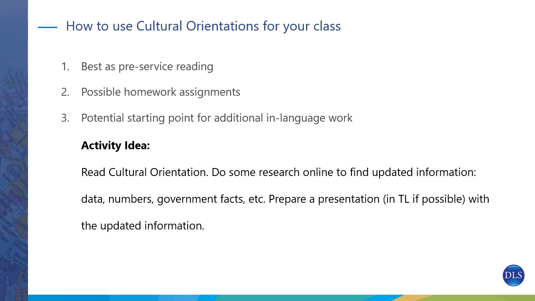So then the student would use that additional research and the cultural orientation to prepare a presentation in the target languages if possible. So even though the cultural orientation is in English, it is just a starting point for them to then do a bigger activity in the target language. So that's just one example of how you might want to use this resource in your class.